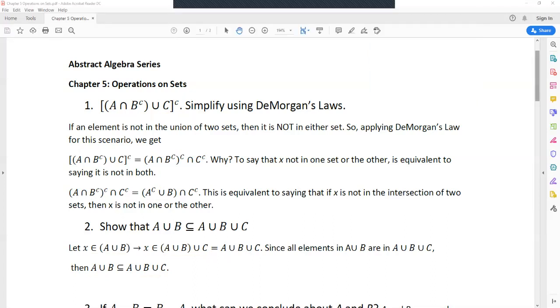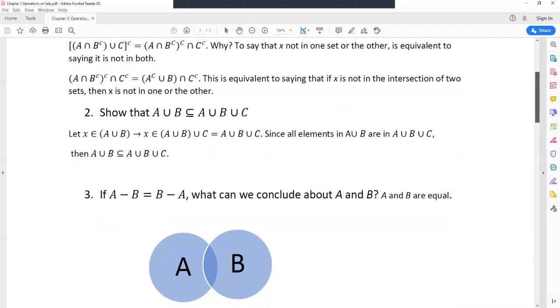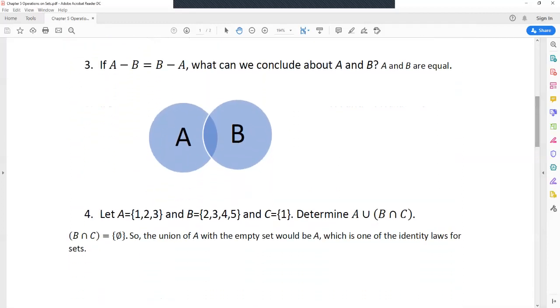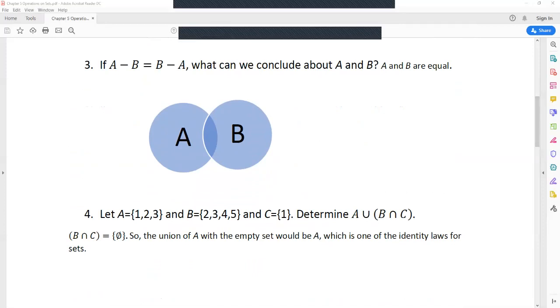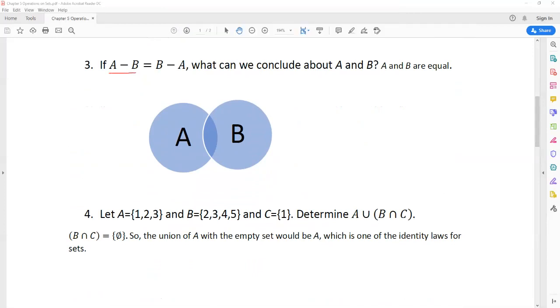Let's take a look at problem number 3. On problem number 3, we have two sets that are equal to one another. We have the set A not B is equal to the set B not A. Two sets are equal if they have exactly the same set of elements.